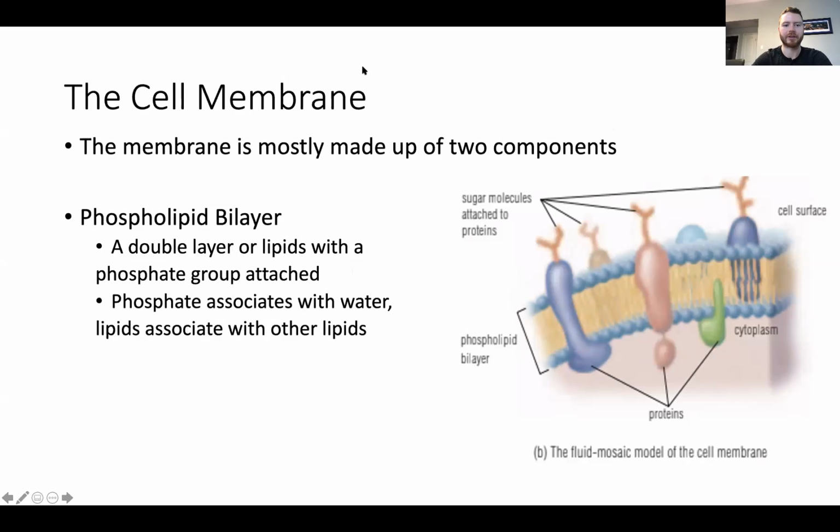If I just take a look at one, here is going to be our phosphate group. Remember from Science 10, a phosphate group could be PO4 minus, so it has a negatively charged head, and then it's going to have these lipid tails.